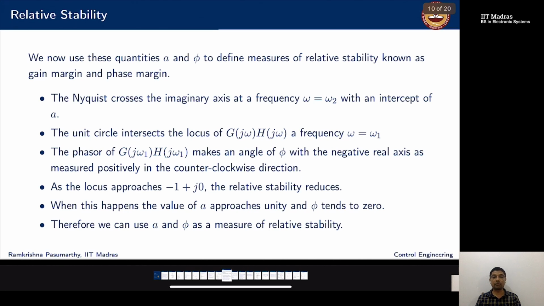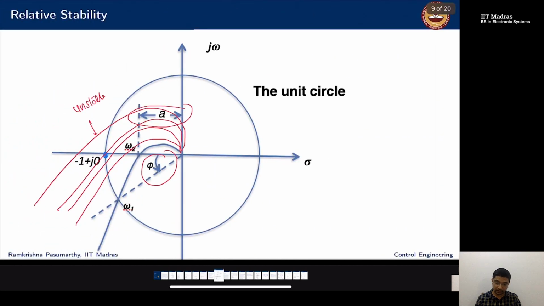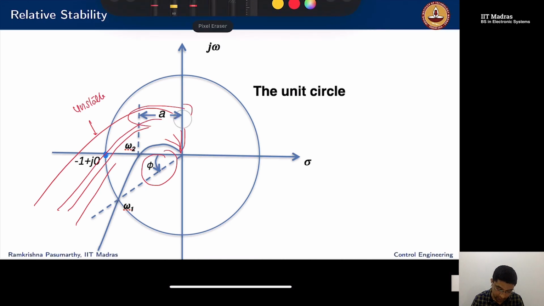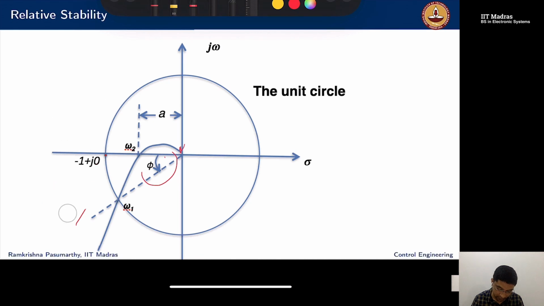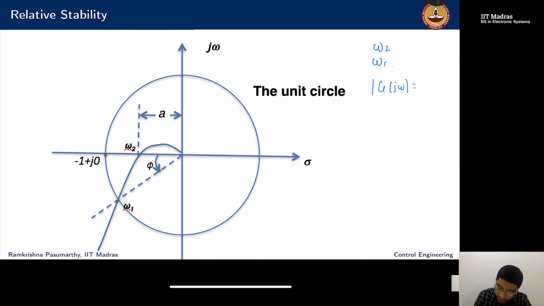Look at this. I have two frequencies here, omega 2 and omega 1. At omega 1, my magnitude of G of j omega is 1. This is at omega 2.